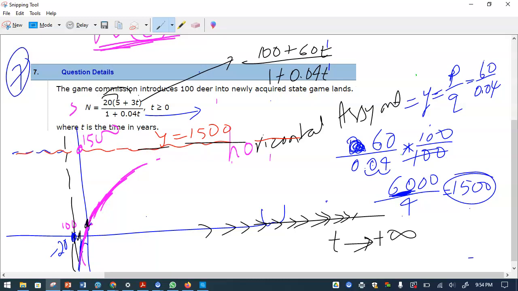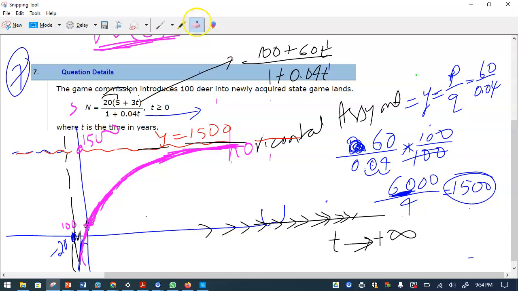Even though the y-axis doesn't exactly do justice, the understanding is that this is how the population will look. It starts from here, and then almost reaches 1,500. A question could be asked: find the population.